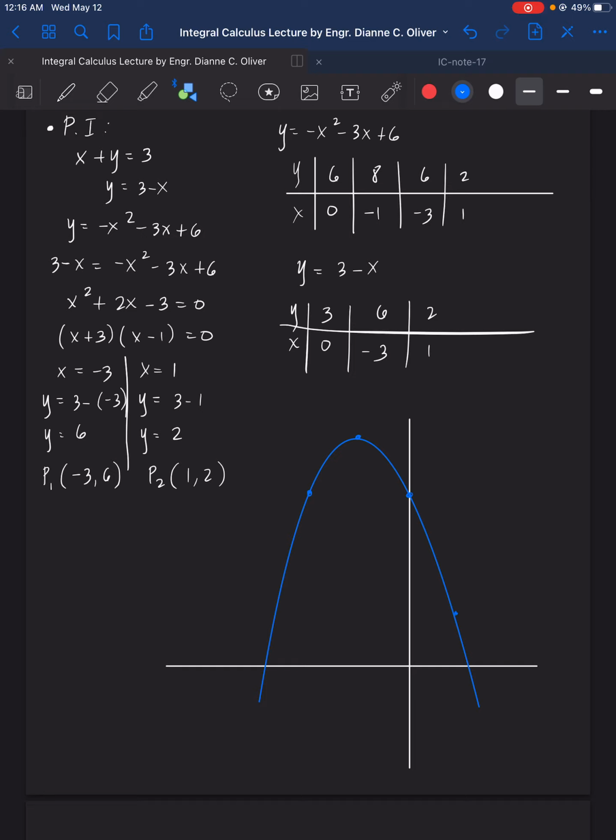Then next we need to sketch the line. Our line has the boundary points negative 3, 6 and 1, 2. So this is the line.